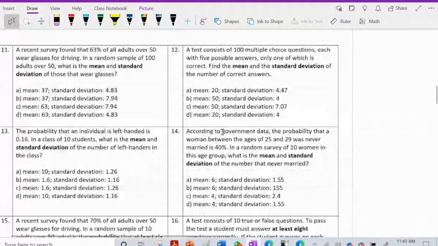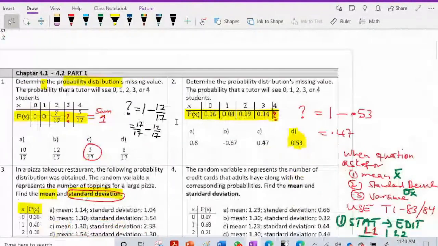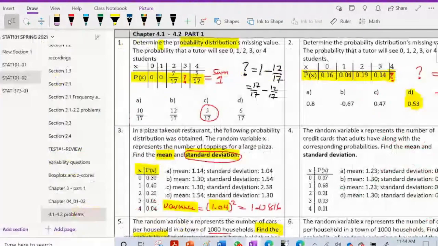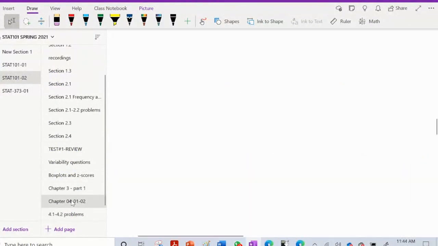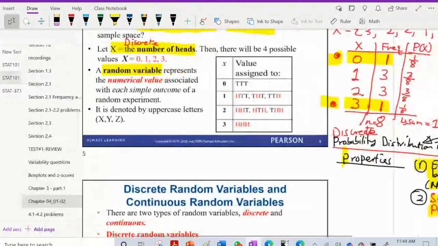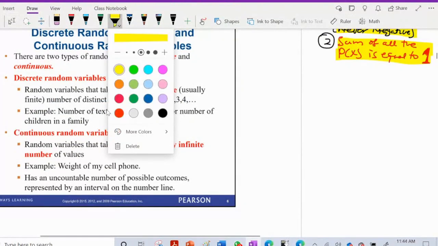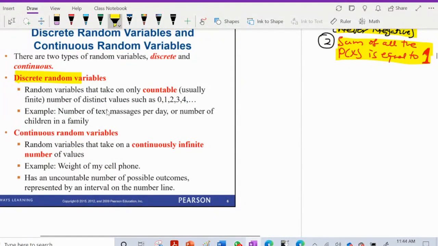The last set of questions that comes to 2.1 is that they're going to ask you to identify certain problems as either discrete or continuous. Remember, discrete are things that deal with only a countable process, and continuous is a measuring process.